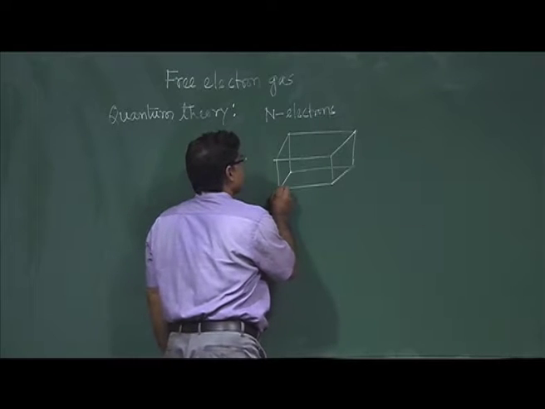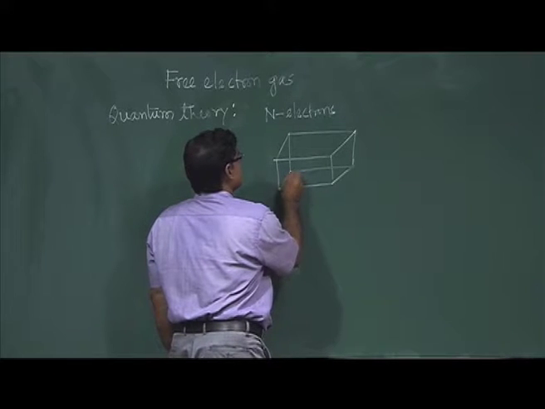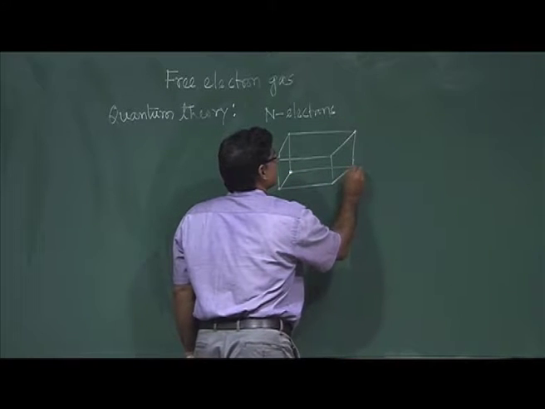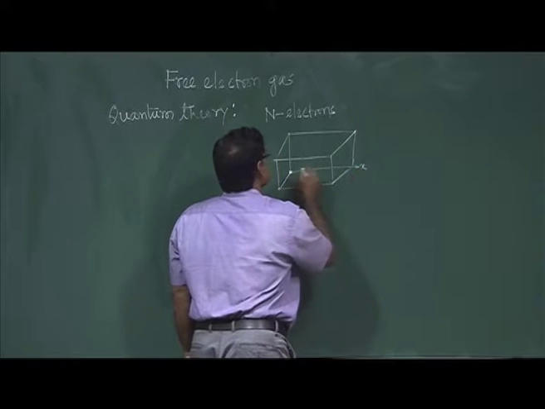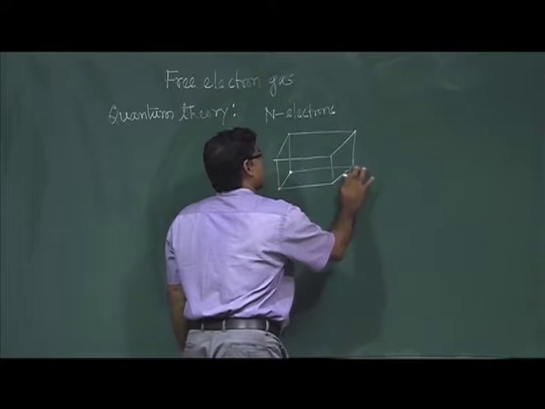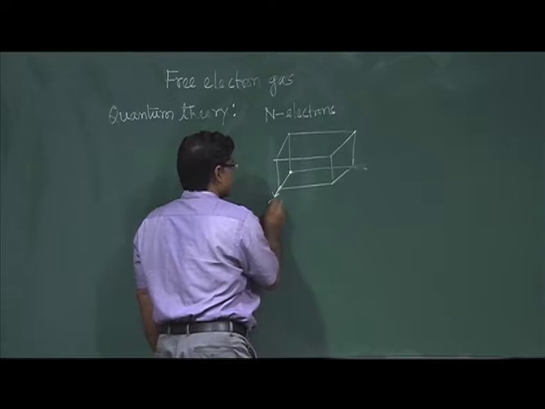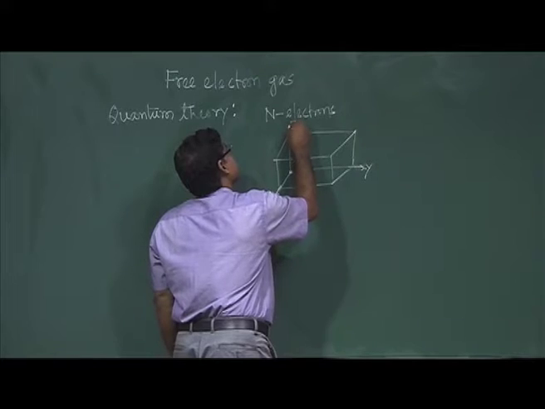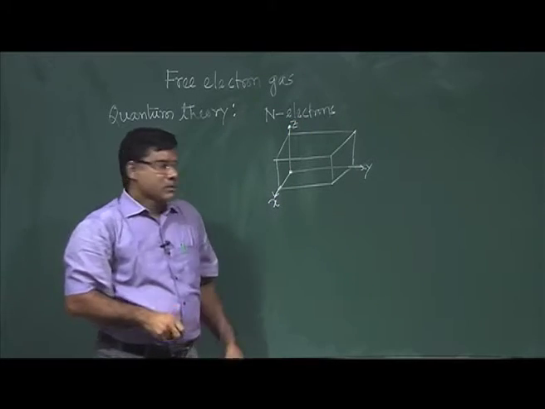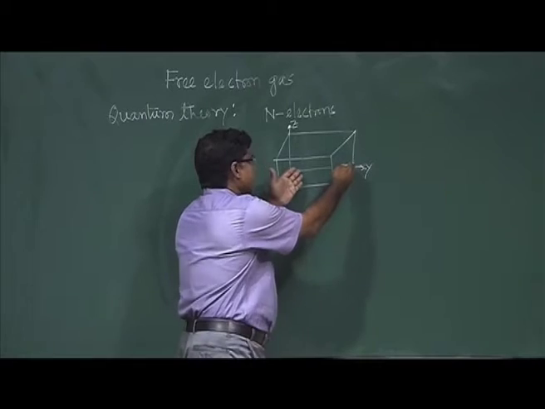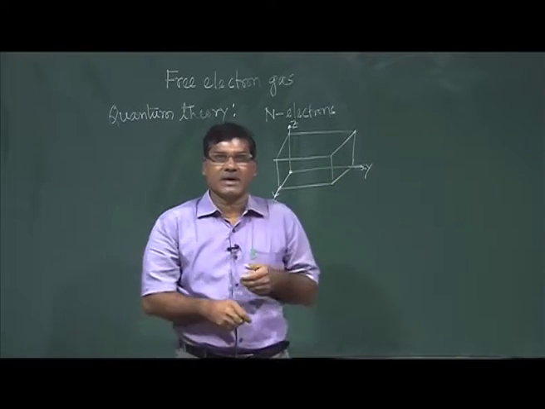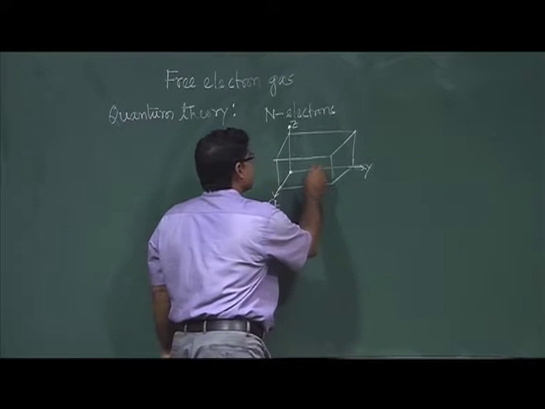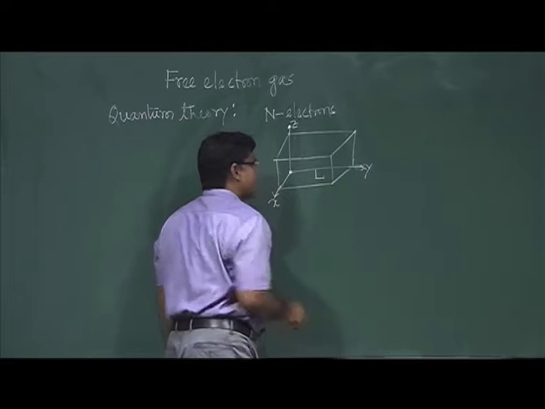If we take this one as the origin, this direction is x, this is y, and this is z direction. The length of the box can be Lx, Ly, Lz, but for simplicity we can consider a cube, so the length in all directions is the same, L.